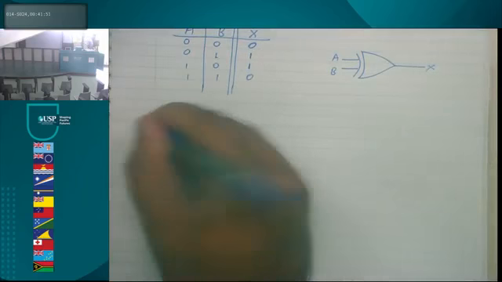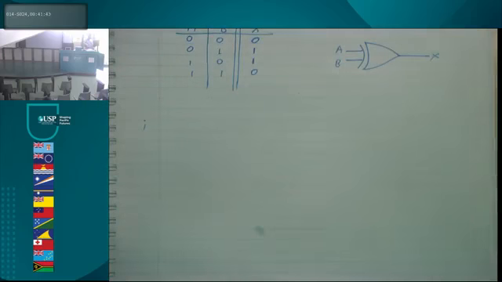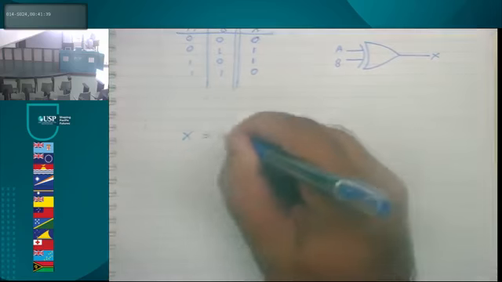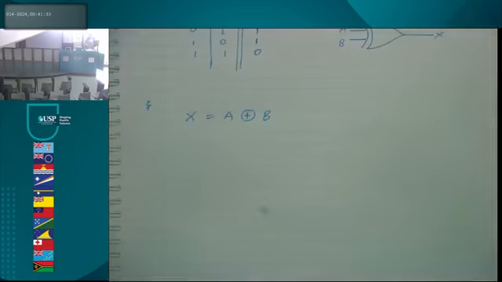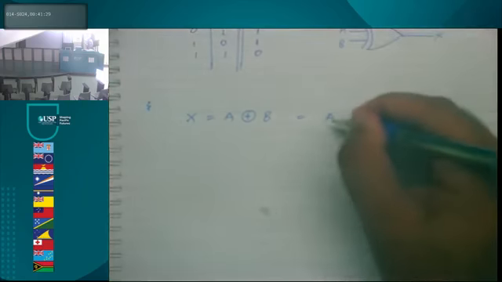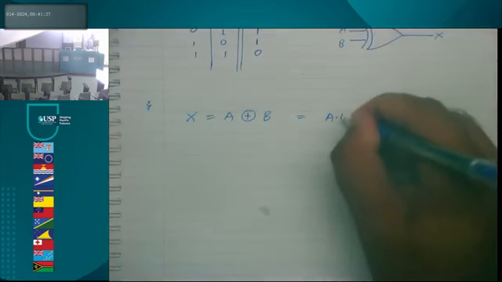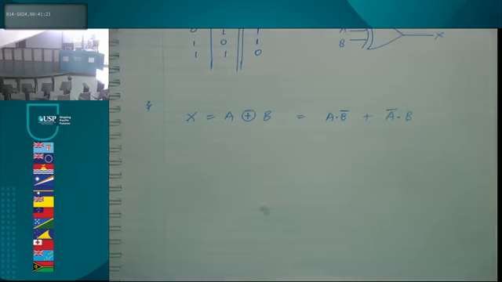What I wanted to show you over here is another way to break down our XOR. We write it as A, that's the symbol, XOR B. Another way to write it down is A and B bar, or A bar and B. That's the algebraic expression for an XOR.